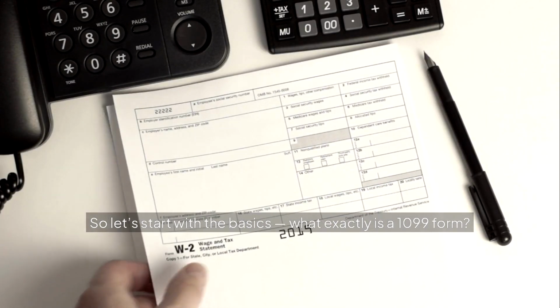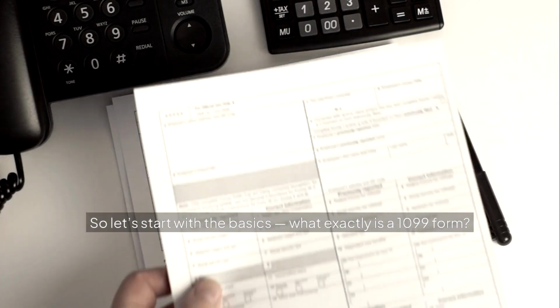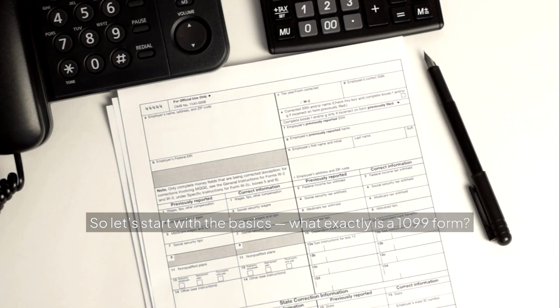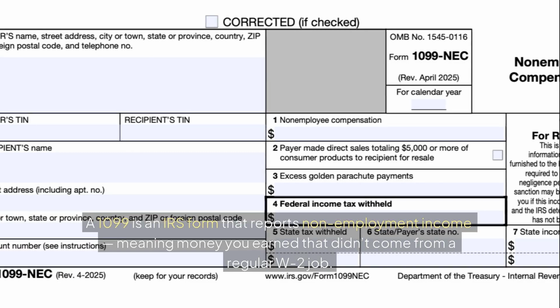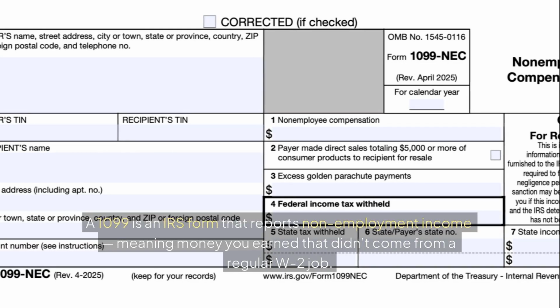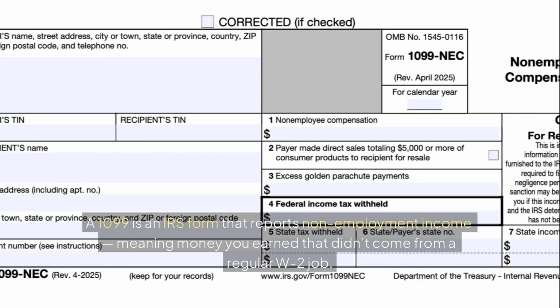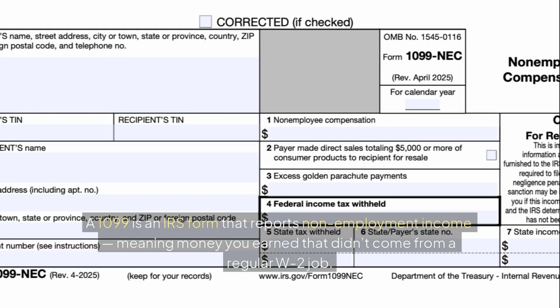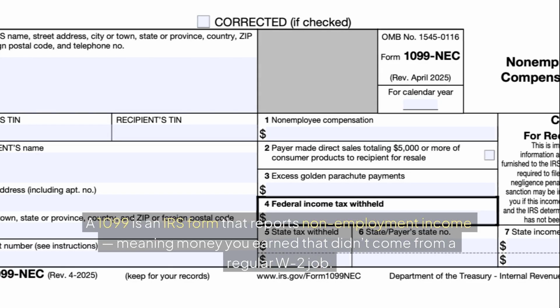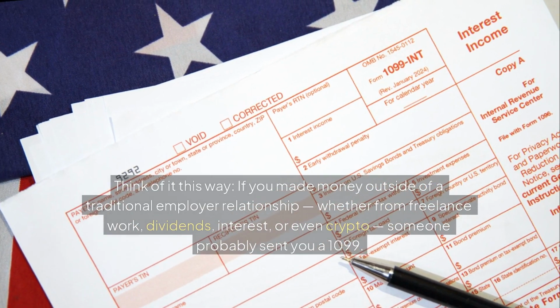So let's start with the basics. What exactly is a 1099 form? A 1099 is an IRS form that reports non-employment income, meaning money you earned that didn't come from a regular W-2 job. Think of it this way.